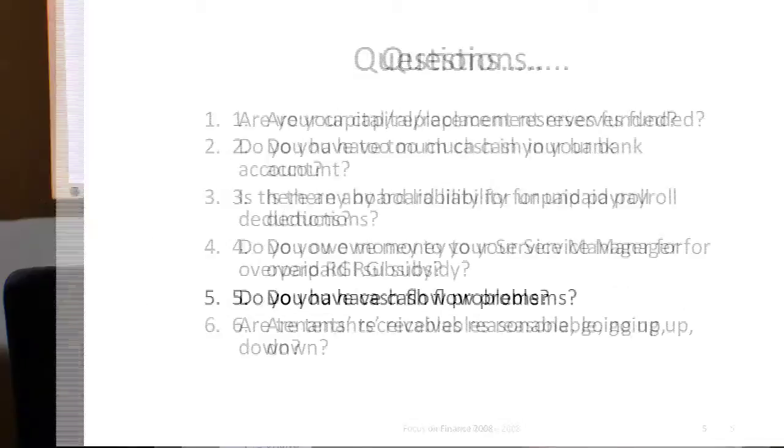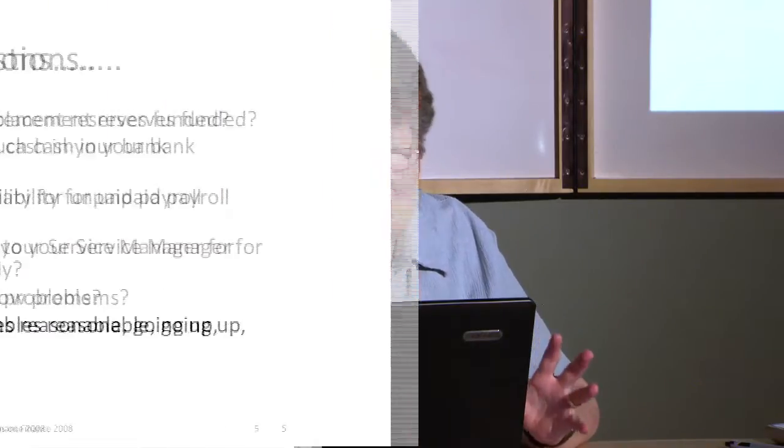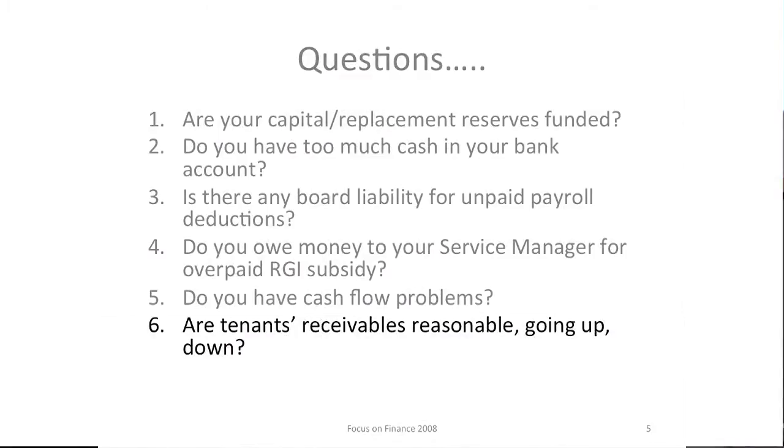If we don't have sufficient cash to cover our payables and to cover our mortgage, we're clearly going to have a problem. And the other big item for us is always tenant receivables. So we need to be watching it, whether it's going up, whether it's going down, and also what's happening with the allowance based on that, whether it needs to be increased or decreased, and therefore our bad debts adjusted.